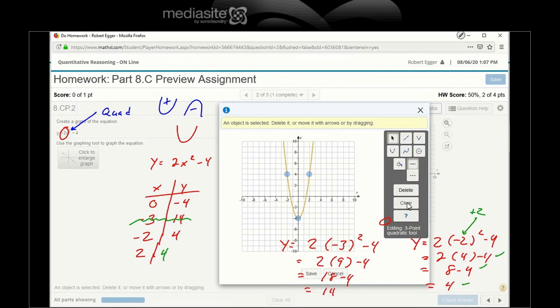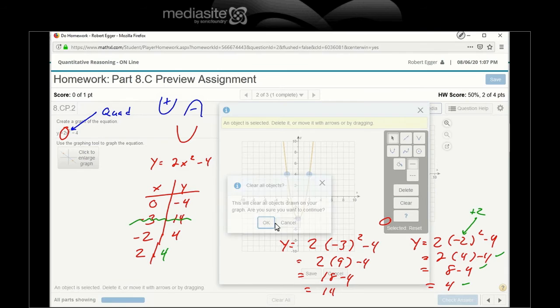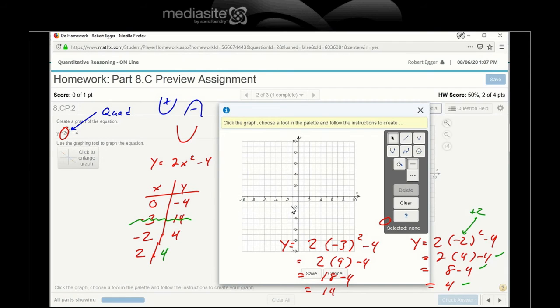Remember that. Let's try a different way. Let's try -2, 4. And 0, -4. And 2, +4. Okay, still worked.